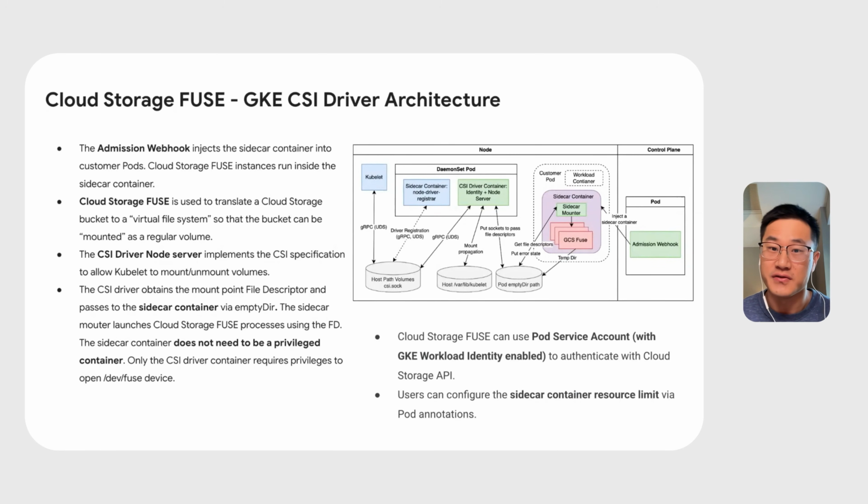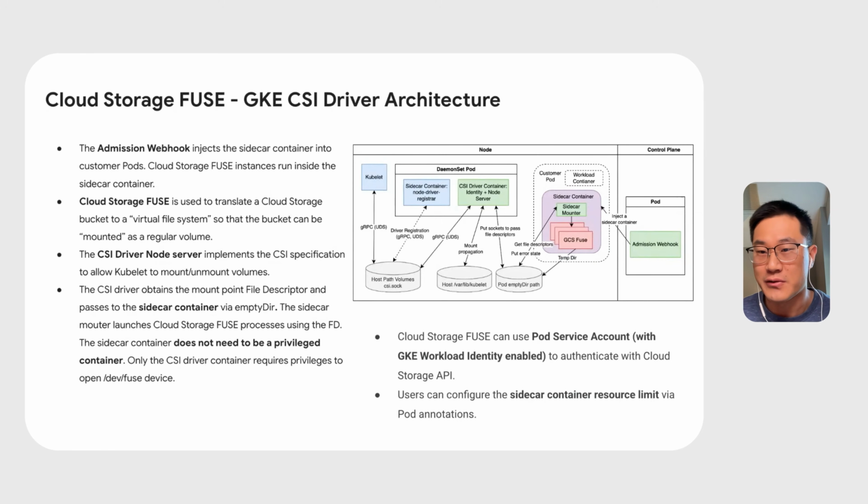Then on each node VM, we also have a CSI driver node server running. The CSI driver implements the CSI spec to allow Kubernetes to mount or unmount volumes. So whenever a customer pod requires a volume backed by a GCS bucket, the kubelet will call the CSI driver to mount the volume. Then the CSI driver will create the mount point and obtain the file descriptor that represents that mount point.